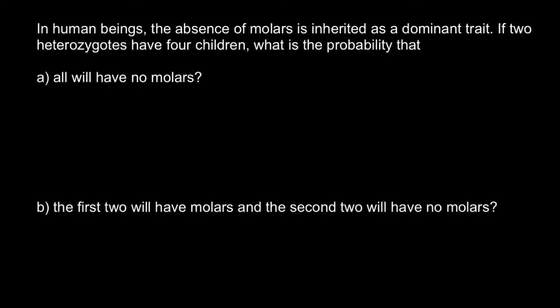So we have a cross of two hybrids, or we call this a monohybrid cross. For example, this can be one dominant allele and another one recessive, and this is going to be parent 1, and parent 2 is also going to be heterozygous for this trait.